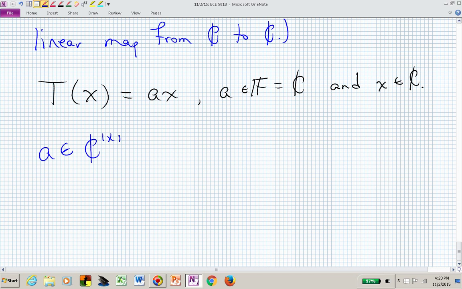So this is now a 1 by 1 matrix that's a scalar, because we now want to think about it in terms of an n by n complex matrix. This is now a complex scalar or a complex 1 by 1 matrix.